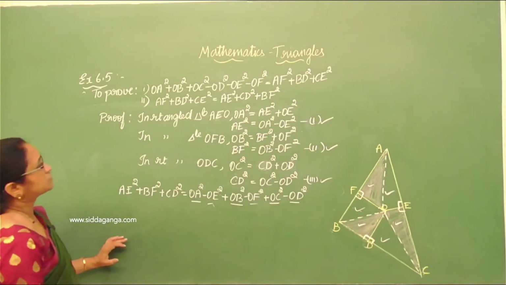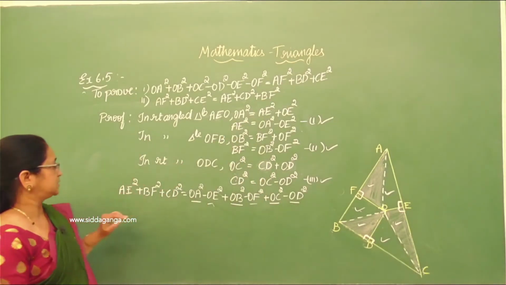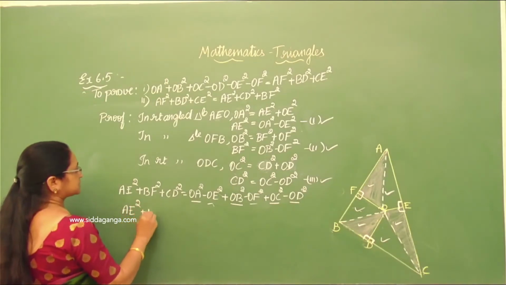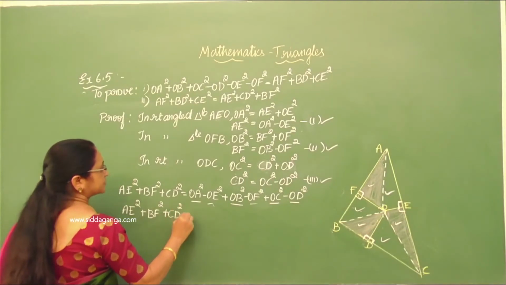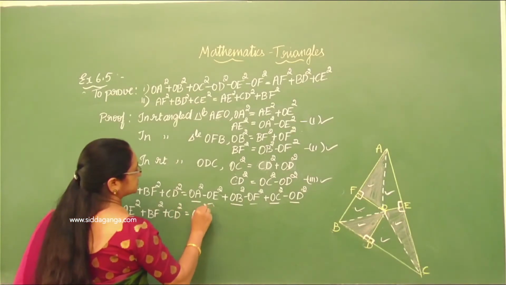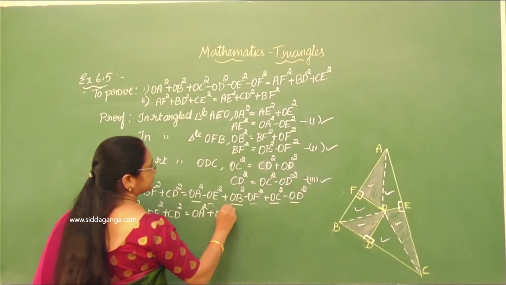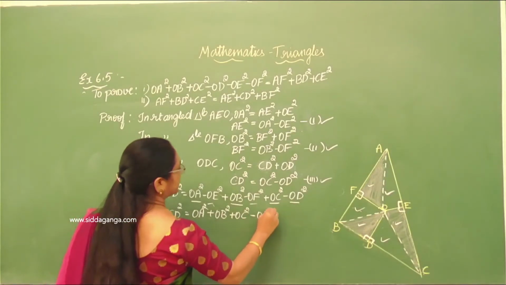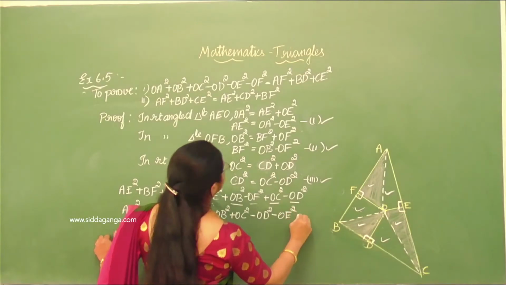So can't I write these two are equal? See, now I'll rearrange this and I'll tell you. Therefore AE square plus BF square plus CD square is equal to, you need not rearrange, it is understood, but if you want I'll just rearrange it. OC square minus OD square minus OE square minus OF square.